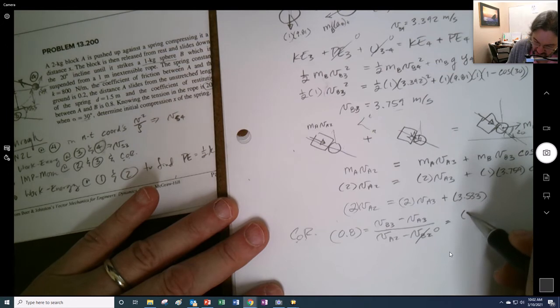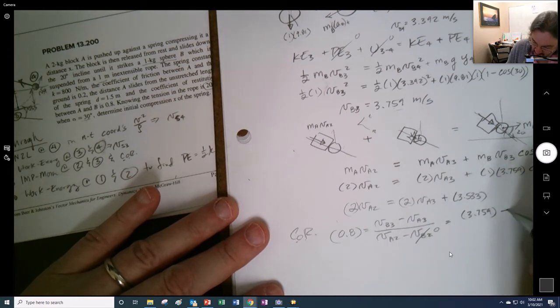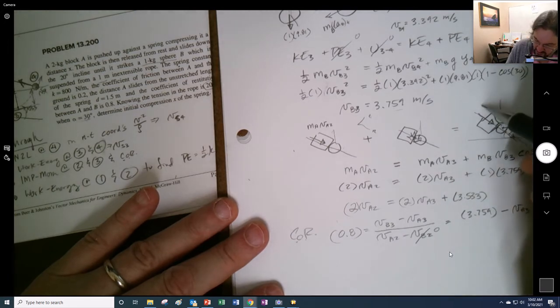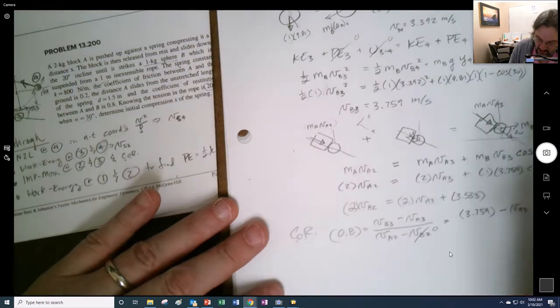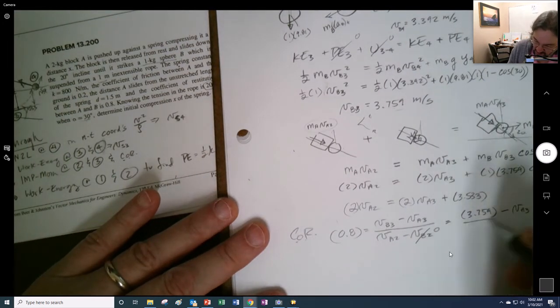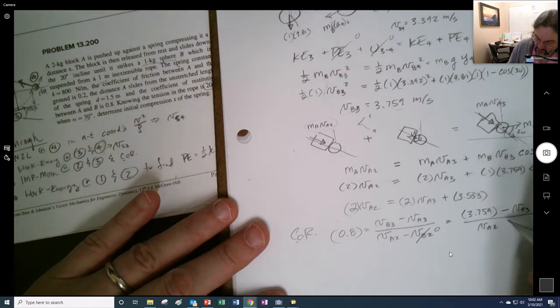So we have this as 3.759 minus VA3, right? So that's going to be MAVA3. We don't care what that's going to be, right? We don't care about that thing. This is what we're trying to get at right here, divided by VA2.